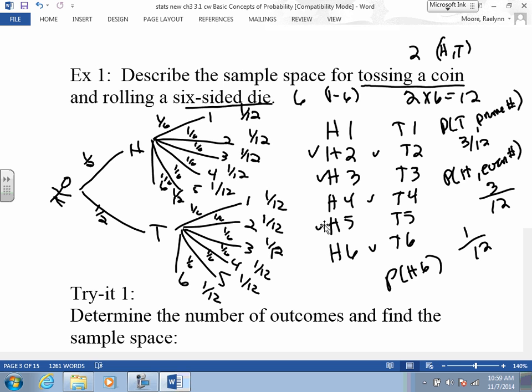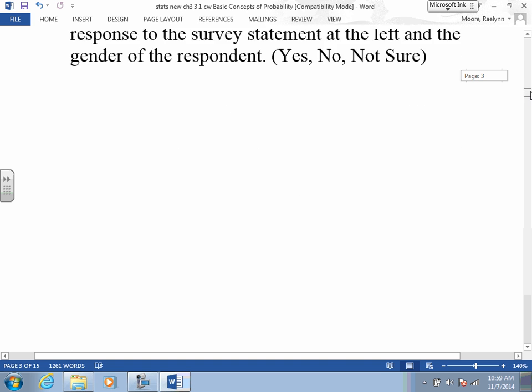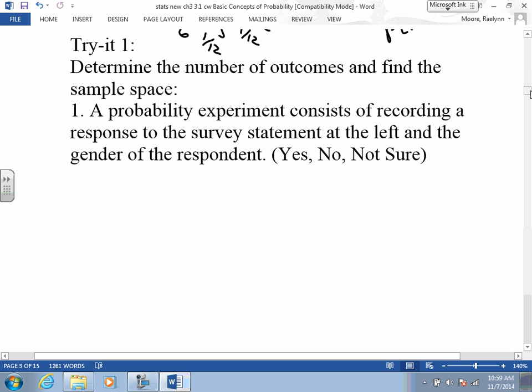Okay, so now let's try. In your book, on page 131, we have a survey chart. We have 3 possible answers to the survey: yes, no, and not sure. And they want us to make a sample space, giving the responses to the survey and the gender of the respondent.